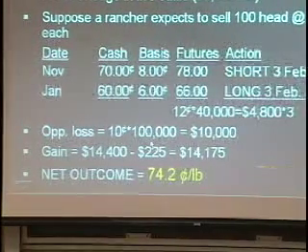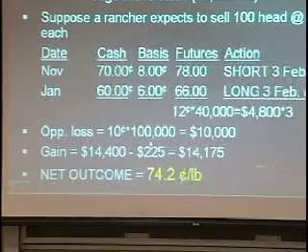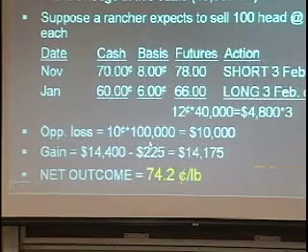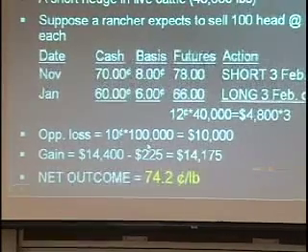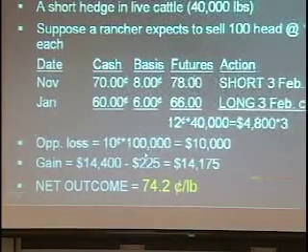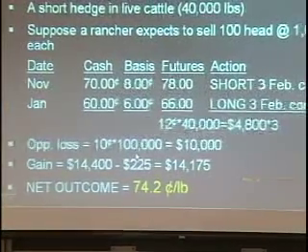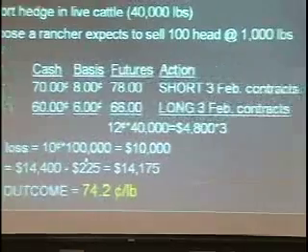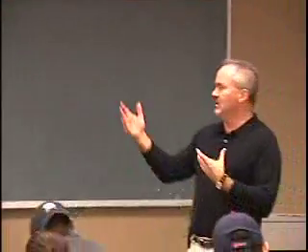What's the relevance of adding the basis in that example? You only listed it as from 8 to 6, and you never used it in the calculation. Well, it's implicit in the calculations, okay? And usually on an exam, I'll ask you to tell me how much the basis changed and whether that added or detracted from the hedge.